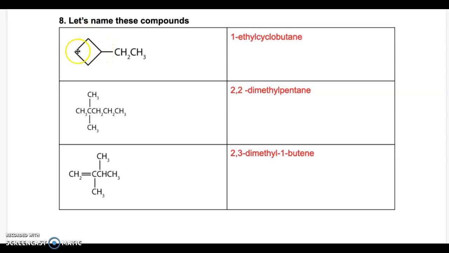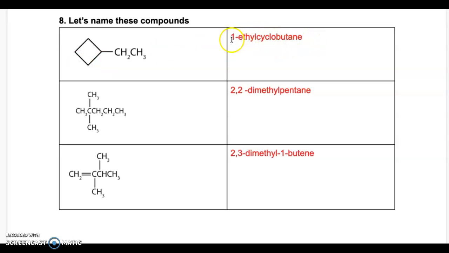So we have cyclobutane because there are 4 carbons, and then there are 2 carbons that attach to our cyclobutane. 2 carbons that are connected with a single bond. This is an ethyl group. 2 carbons is called ethyl, right? And the rest of our main chain is called cyclobutane.